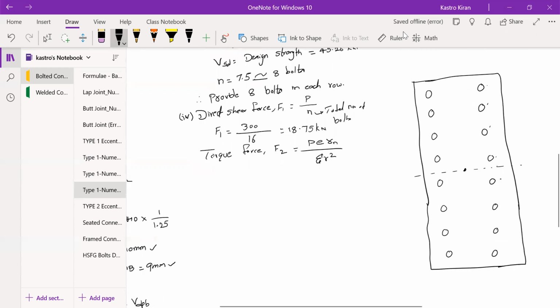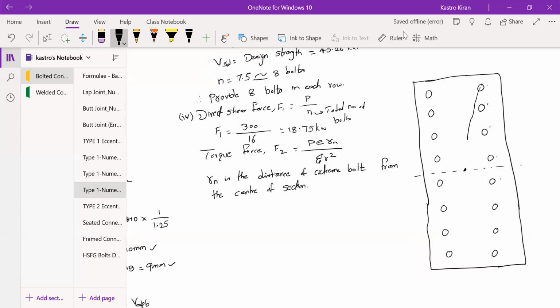So Rn is the distance of the extreme bolt from the center of section. So what is this Rn now? From center to the extreme bolt distance. So this distance is called as Rn.